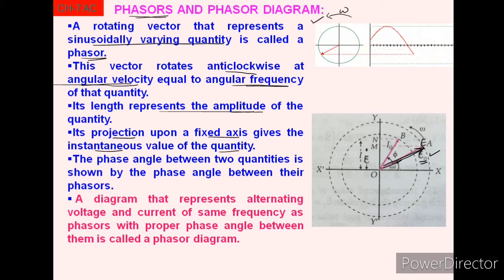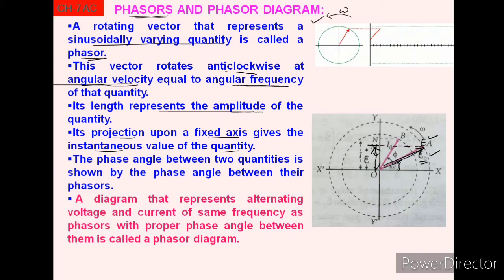Suppose at any moment we want to find the projection of this EMF on y-axis, then for this purpose you will draw one perpendicular as it is shown here. Then this projection on y-axis is going to give you the instantaneous value of the EMF. And how can you find this?